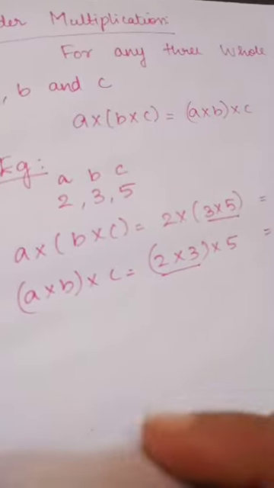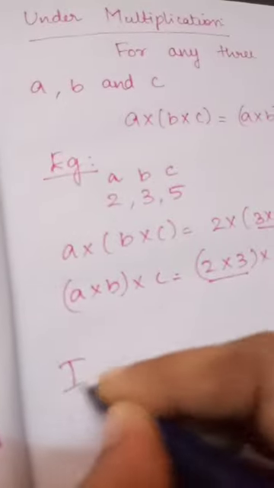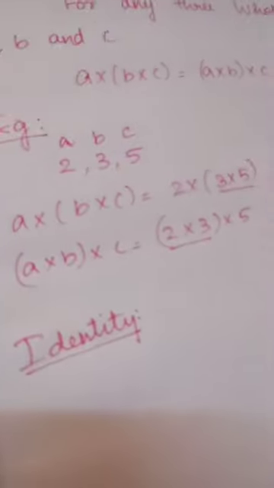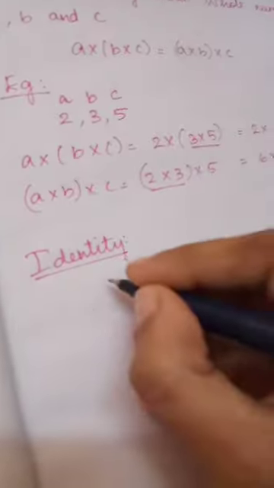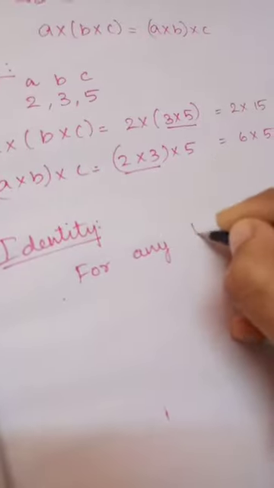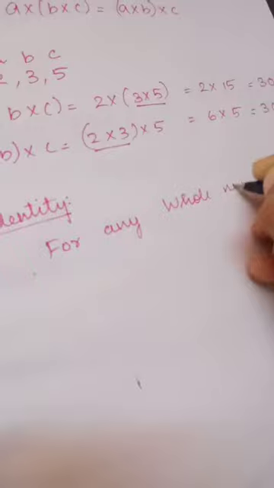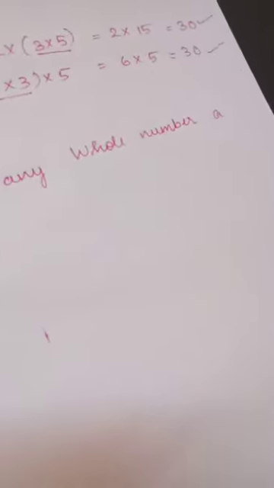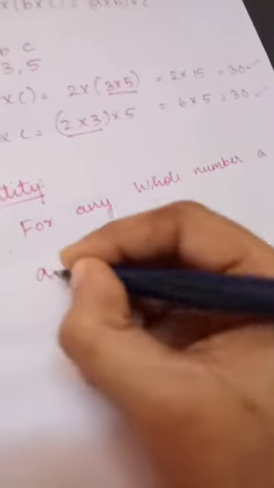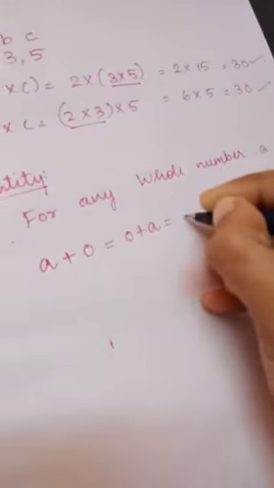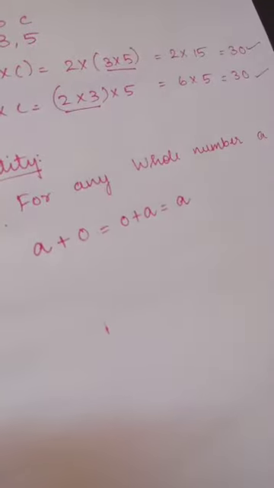Next property is identity. Identity means, for any whole number A, if I add that whole number to 0, we should get the same whole number.